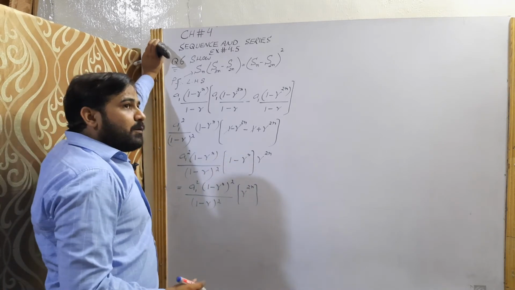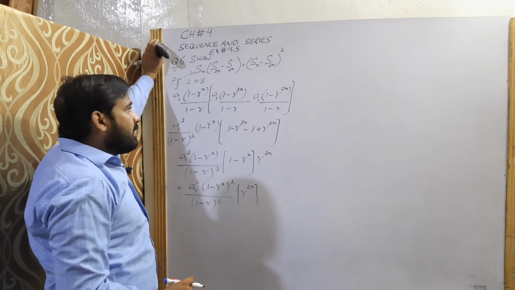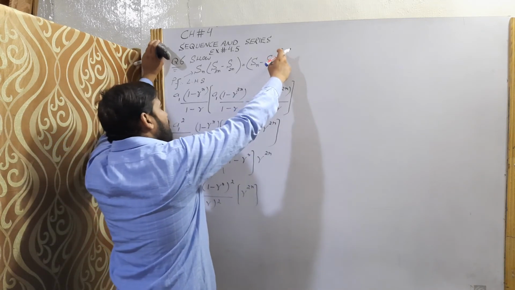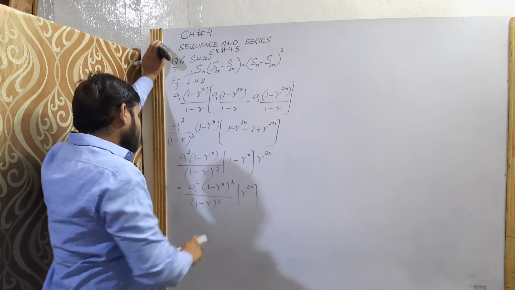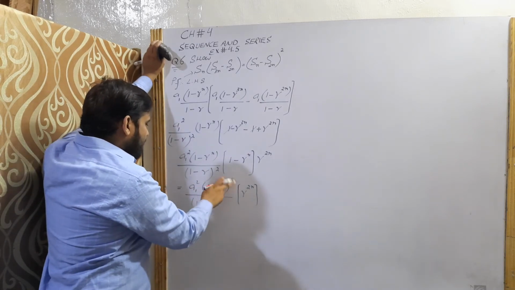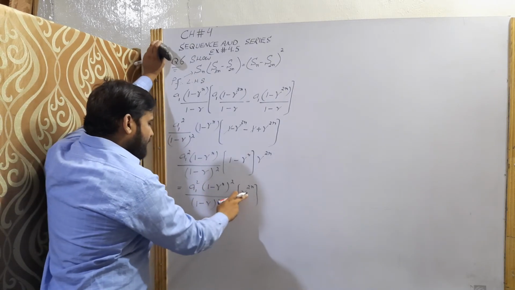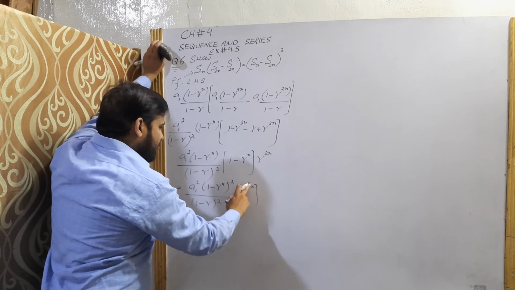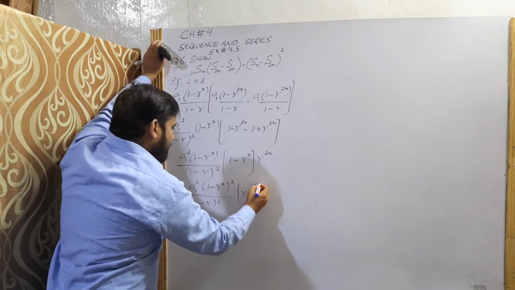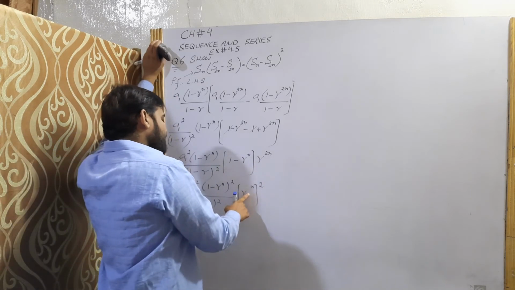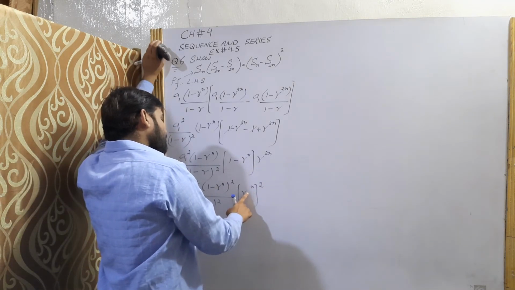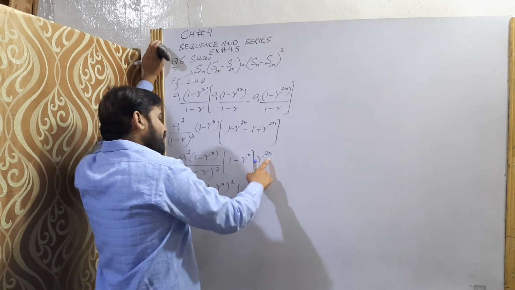We are trying to produce square in a whole because there is a square, Sn minus S2n whole square. So there is A1 square (1 minus r^n) whole square, this is (1 minus r) square, and this can also be written as r power n whole square, because by exponent law this is once again r raised to power 2n.